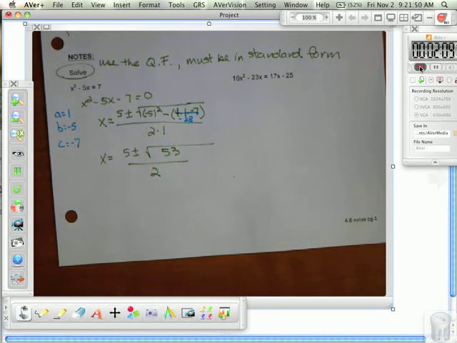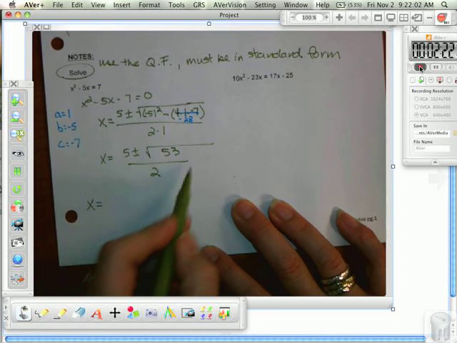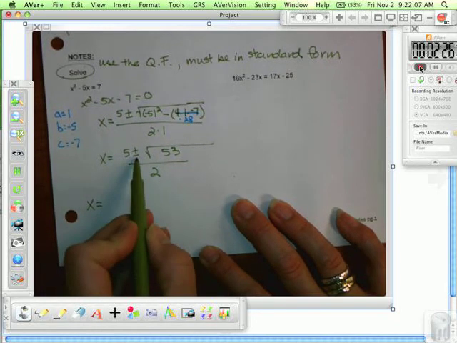Got that? Okay. I can't do much more than this. 53 doesn't have any factors that are perfect squares. So really, you could leave it like this, but I just want you to understand that there's going to be 2 solutions here because you got the plus and the minus, right?